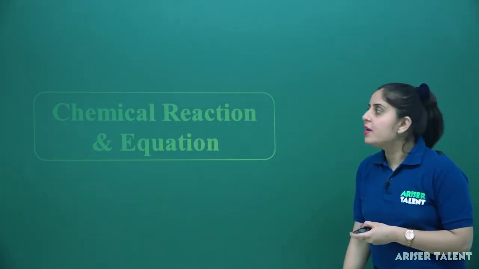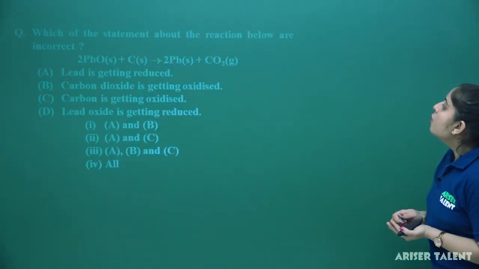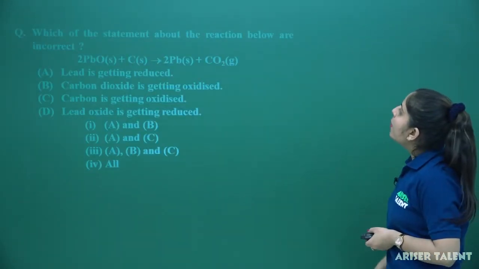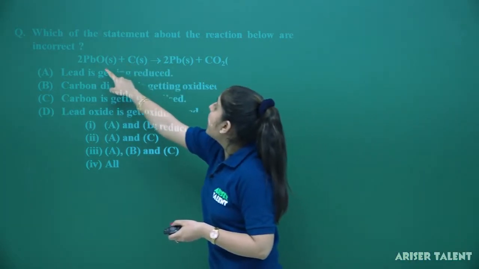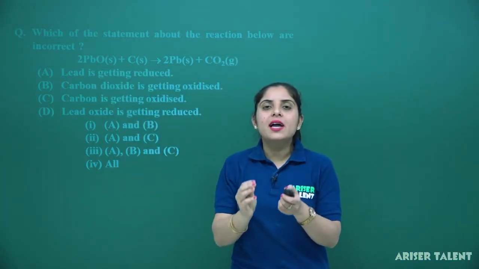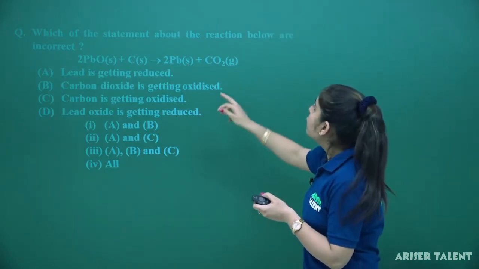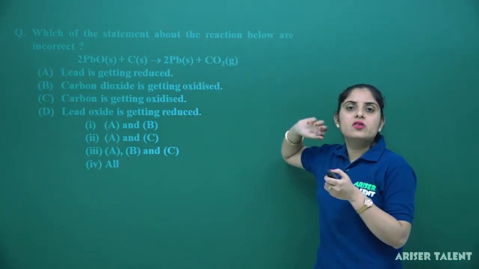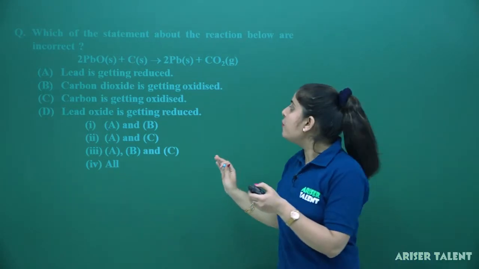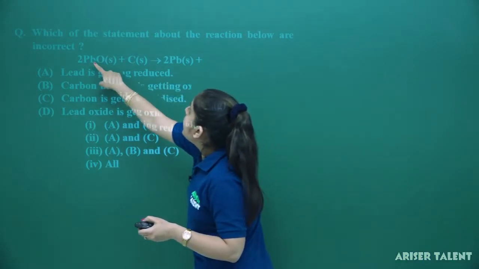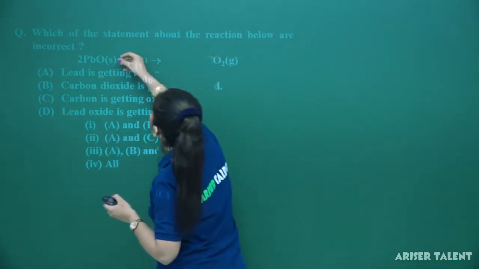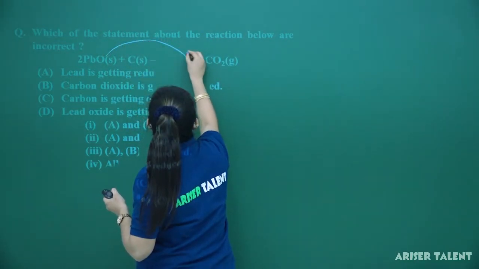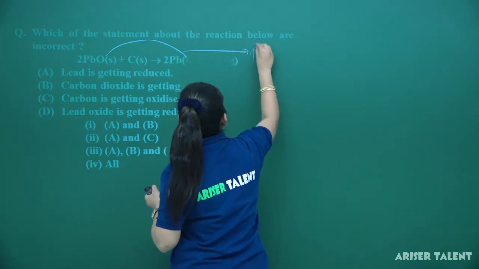Our question number 1 is: which of the following statements about the reaction below are incorrect? The reaction given is lead oxide reacting with carbon to give Pb and carbon dioxide. What we have seen in this type of equation is that lead is losing oxygen, which means there is a removal of oxygen.